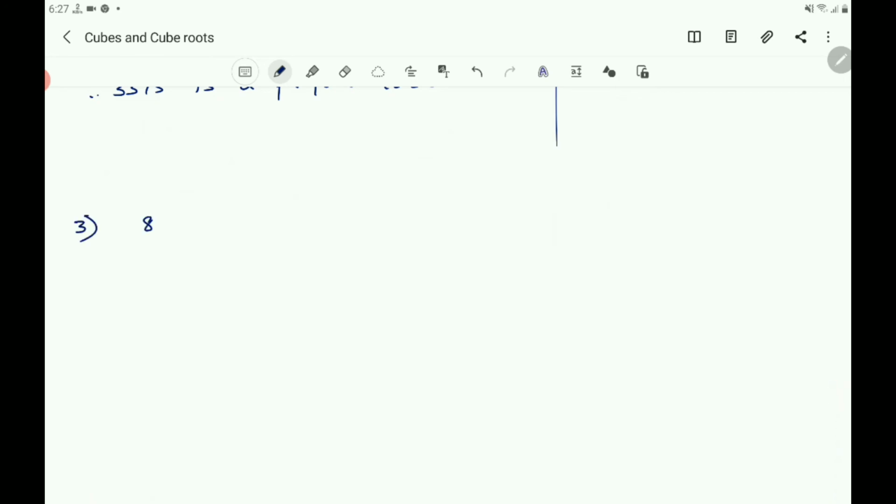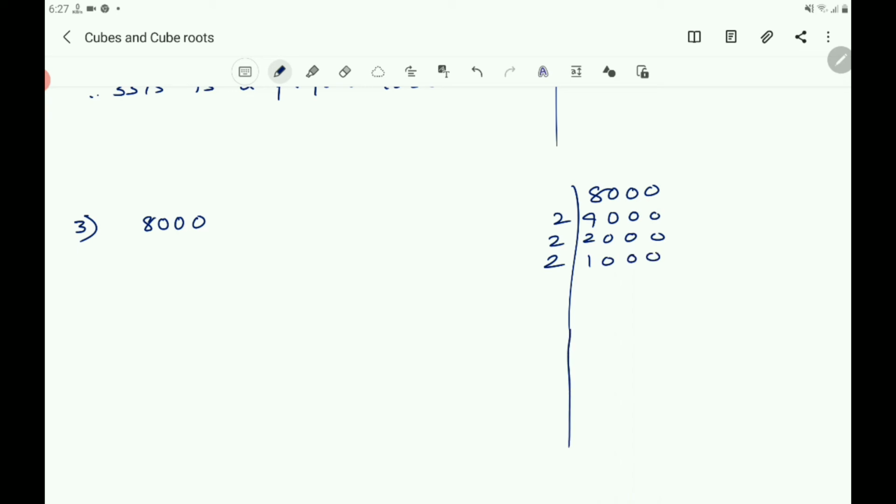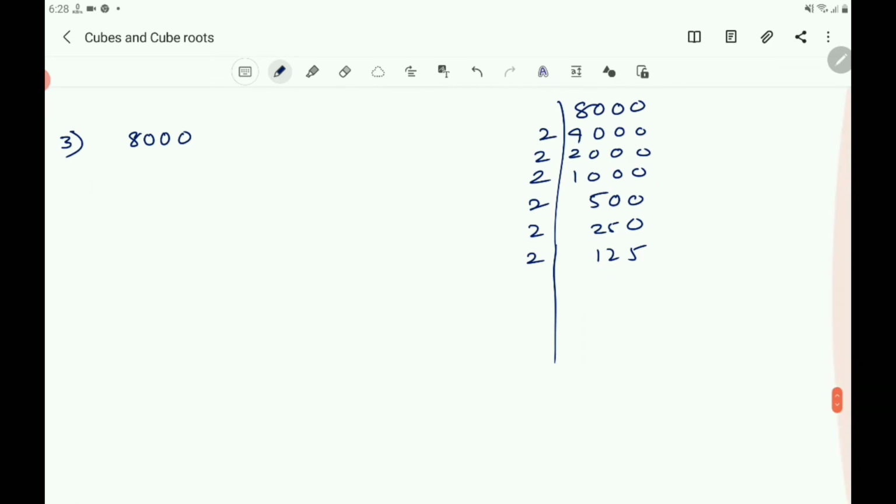Next you take the third one, 8000. So divide it. 2 4s are 8, then 2 2s are 4, 2 1s are 2, then 2 500s are 1000, 2 250s are 500, 2 125s are 250. Now it is not divisible by 2.